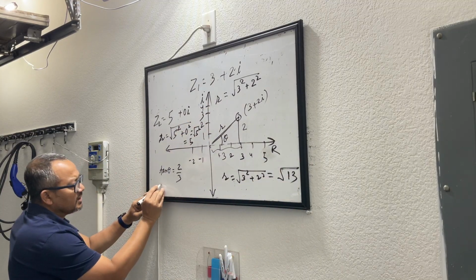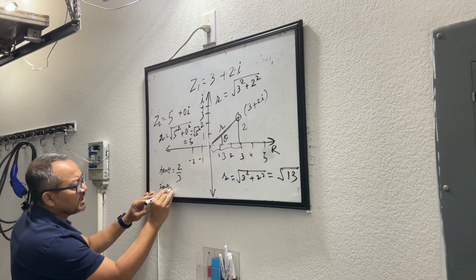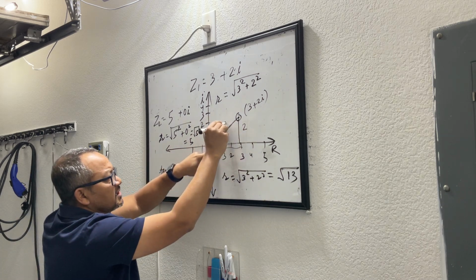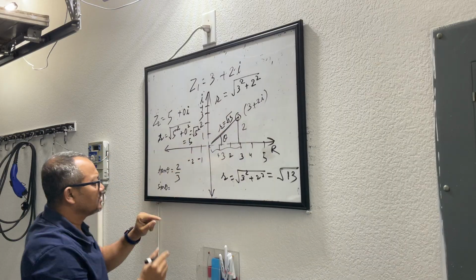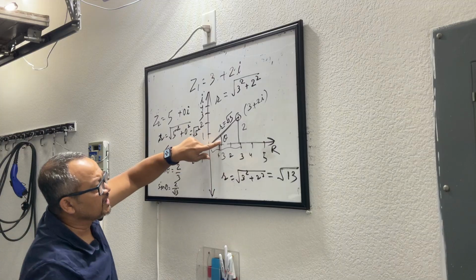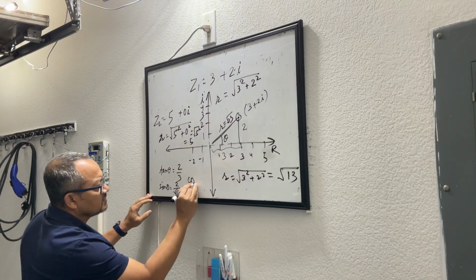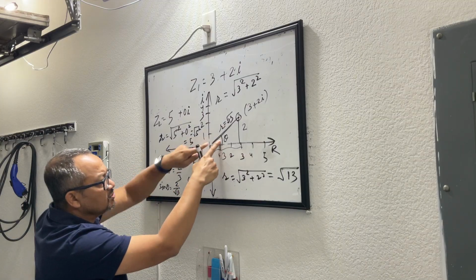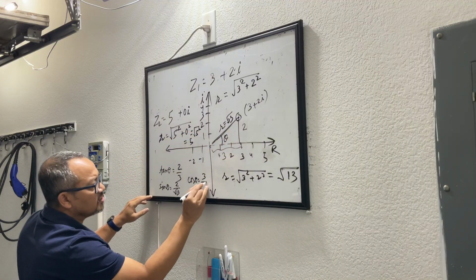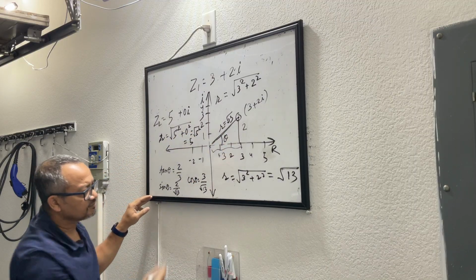If I relate it with sine of theta, so sine of theta in this right angle triangle will be 2 divided by r, which is square root of 13. So this will be 2 over square root of 13. If I relate it with cos theta, cos of theta will be equal to adjacent side divided by the hypotenuse, which is 3 over square root of 13.